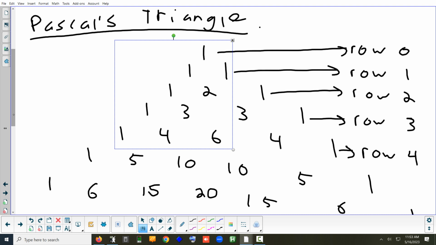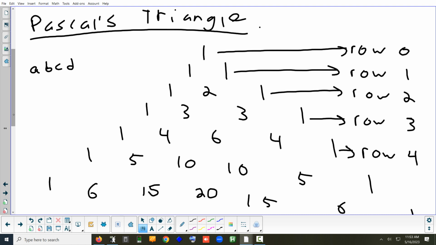If you had row 4, it would represent having, say, 4 objects. How many ways can you choose 2 objects out of 4? Starting at 0, 1, 2, there are 6 ways. You could pick A and B, B and C, C and D, A and C, A and D, and B and D. Those would be the 6 ways. B and D and D and B are the same, so when we're talking about choosing something, order doesn't matter.